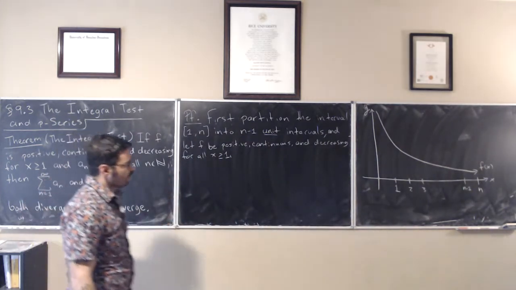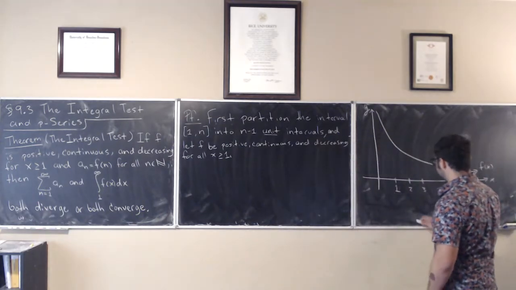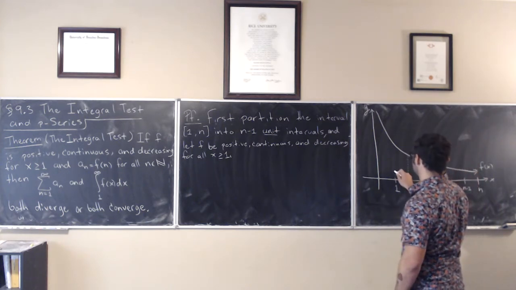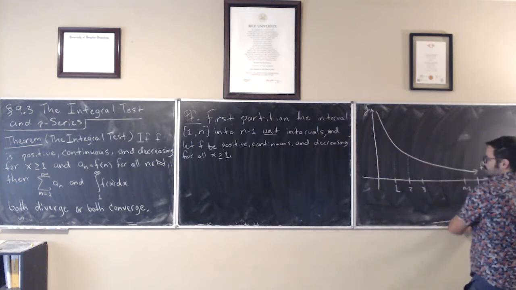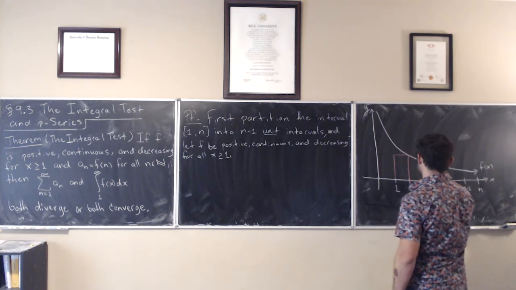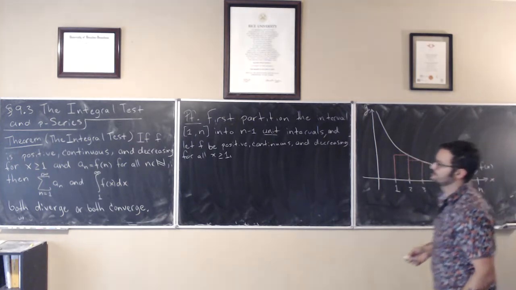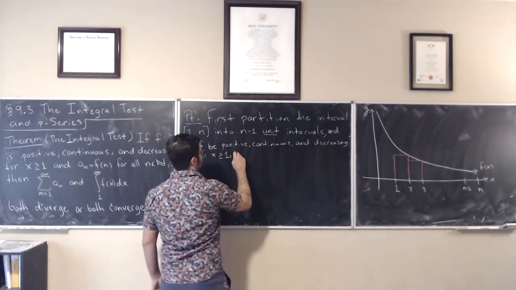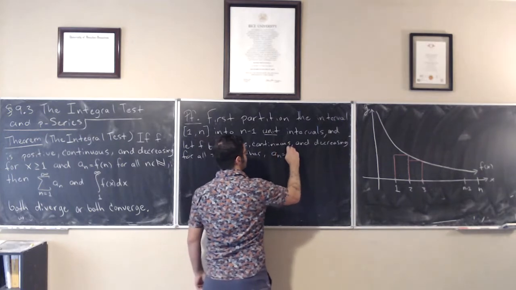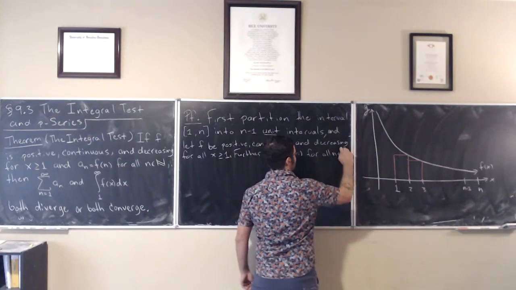Notice now that, for example, if we assume further that a sub n is equal to f of n for all naturals n.